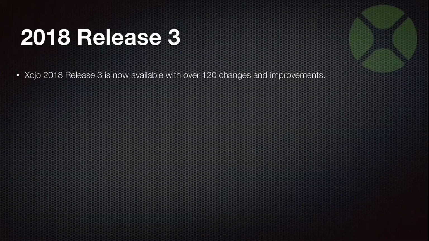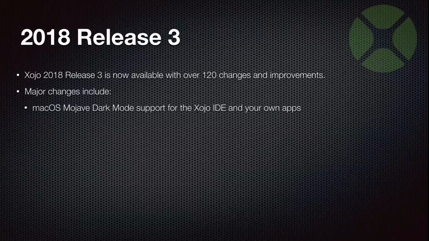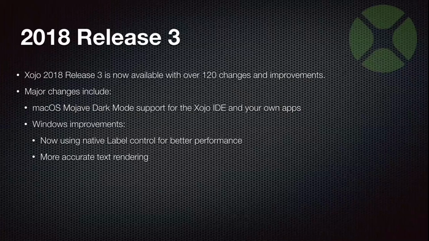And I mentioned it earlier, 2018 Release 3 came out a few weeks ago, end of October, I guess, maybe just a couple of weeks ago. It had over 120 changes and improvements, including Mojave Dark Mode, which I mentioned. Windows is now a bit faster and is now using the native label control and better text drawing.